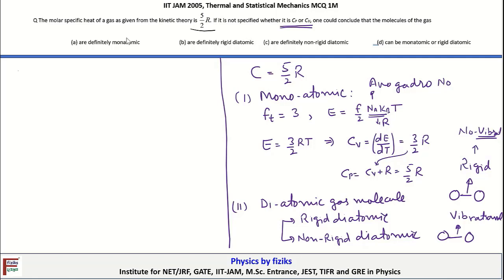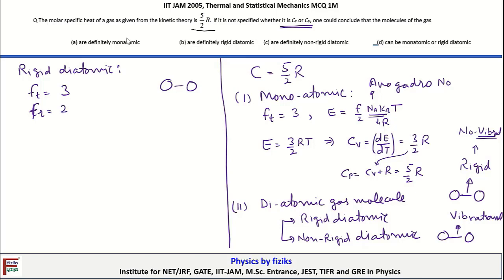So the first case is when we consider that we have a rigid diatomic molecule. It will have the translational degrees of freedom, the same 3, and how many rotational degrees of freedom? We will have 2 here.